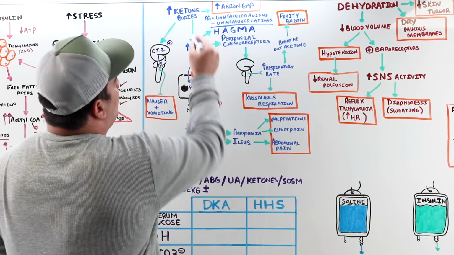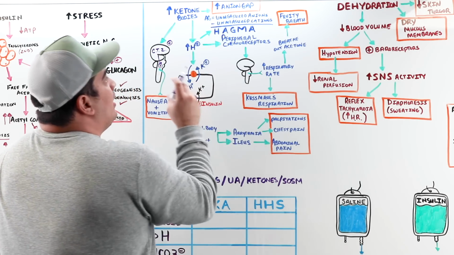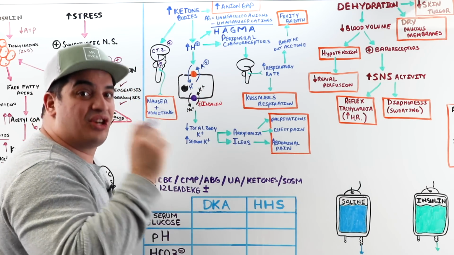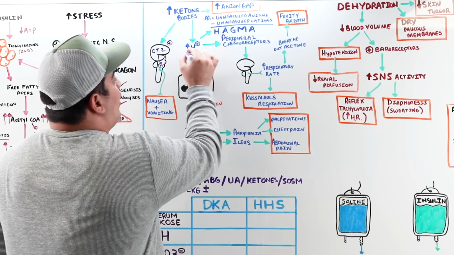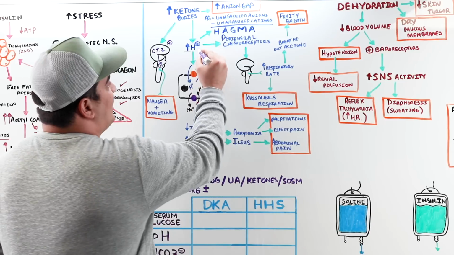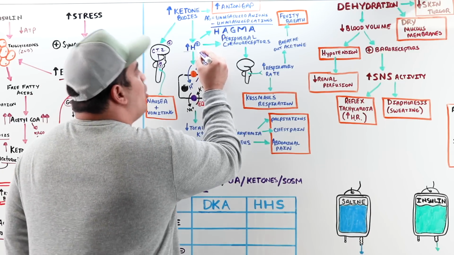The other thing is ketone bodies, remember, they're ketoacids, so they can give off protons. The problem with this is that it causes an acidosis.